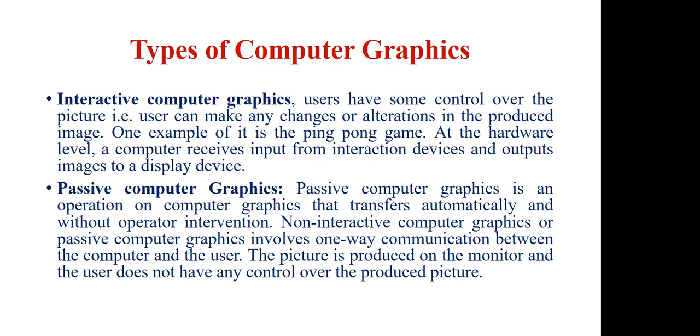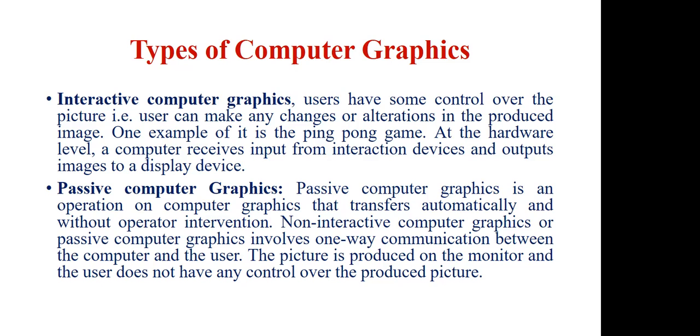Now you see types of computer graphics. What are the types of computer graphics? Interactive computer graphics and passive computer graphics. As the word signifies, interactive carries its inherent meaning: users have some control over the picture. That is, the user can make changes or alterations in the produced image.